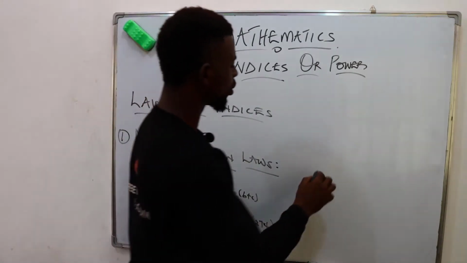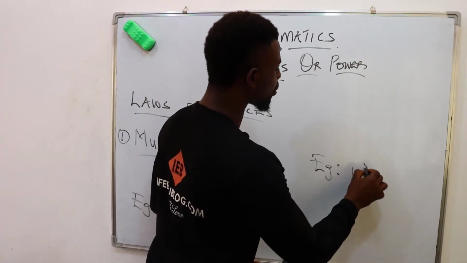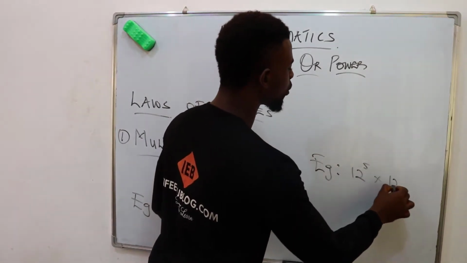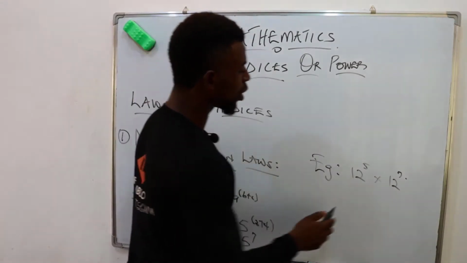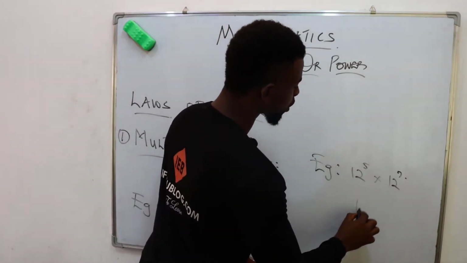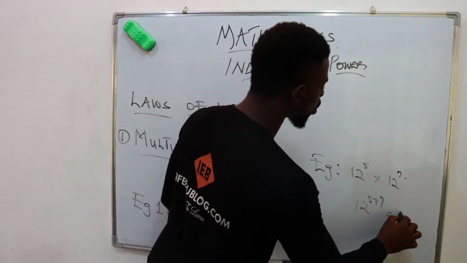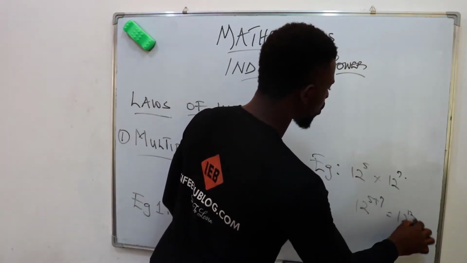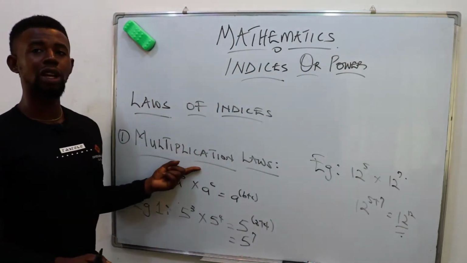Another good example is if we have something like 12 raised to power 5 times 12 raised to power 7. From our multiplication law, the solution is equal to 12 raised to power 5 plus 7, which is equal to 12 raised to power 12. So this basically is what multiplication law is all about.